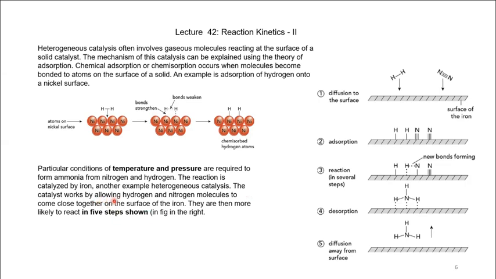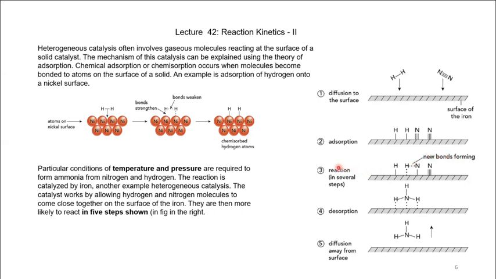The catalyst works by allowing hydrogen and nitrogen molecules to come close together on the surface of iron, and they are more likely to react in various steps. In this case, in 5 steps shown on the right. First we have diffusion to the surface of iron of hydrogen and nitrogen molecules, and then adsorption of hydrogen and nitrogen on the surface, and then the forming of new bonds.